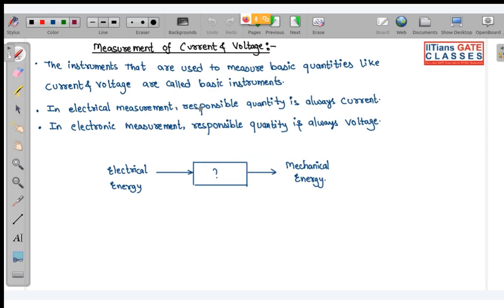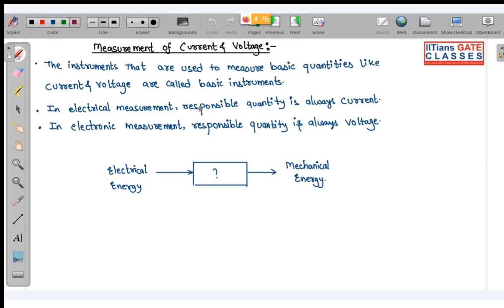Whereas in your electrical measurement, the value of current is high. You will say that sir, when current is high, voltage will also be high. But current actually plays a higher role when we measure electrical quantities. So whenever you see a power line, or if you want to measure something at your home, like your air conditioner, you measure whether 5 ampere current is flowing, or 7.5 or 10 ampere.